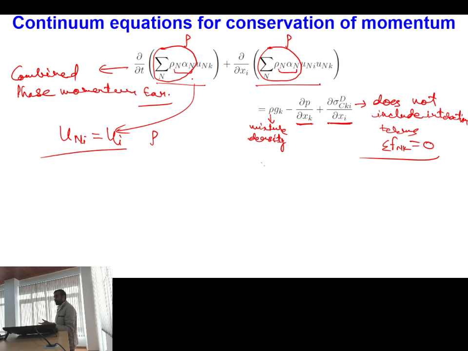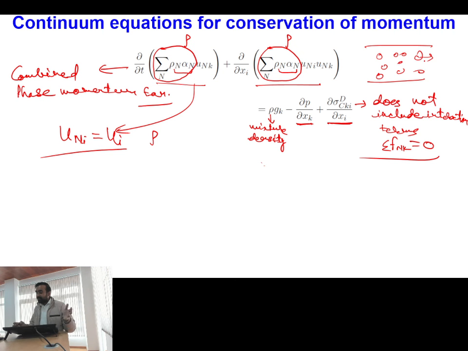So what I am saying is, if I have a dispersed phase present within the continuous phase, and if the velocities of the dispersed phase and continuous phase are the same, then I can solve this entire system as a single phase system by simply replacing the density in the single phase momentum equation with the density of the mixture.